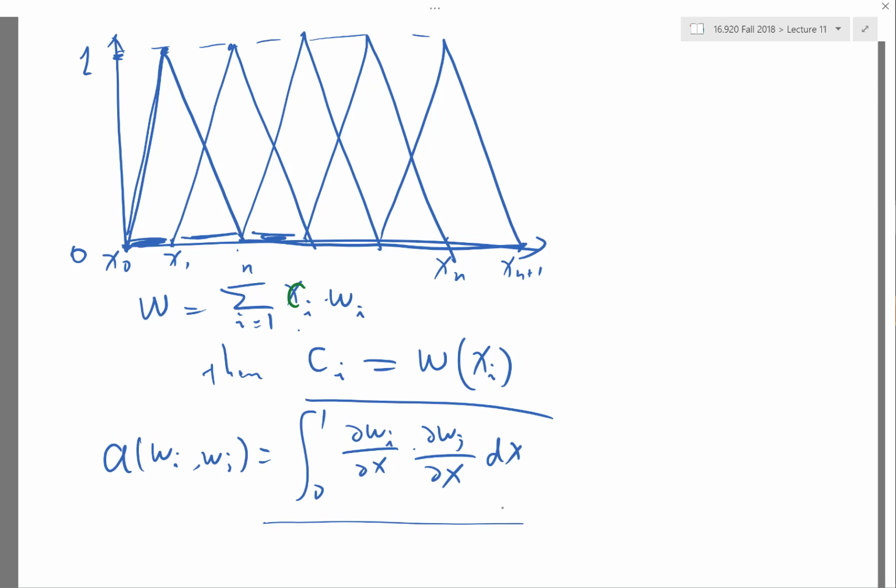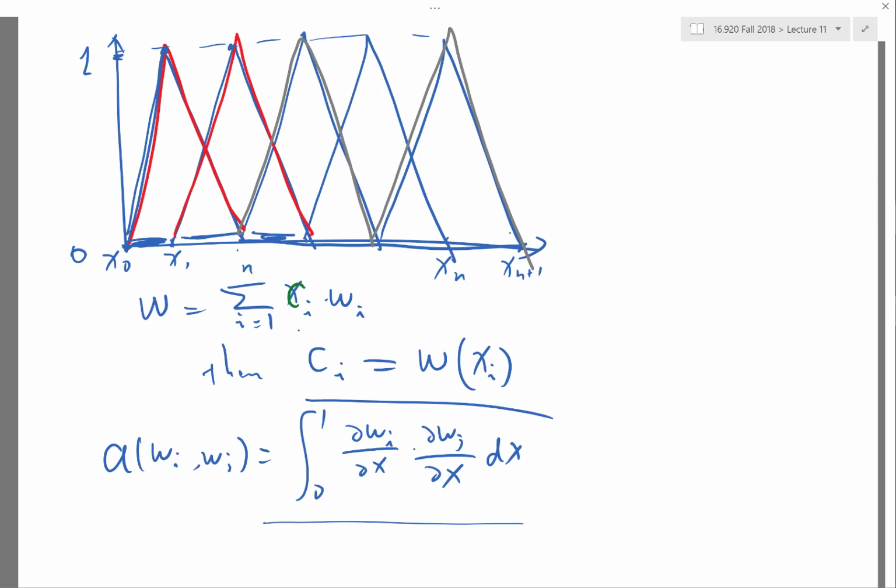Yes, the only ones that are not going to be 0 are pairs like this one and this one. But if you have, for example, this one and this one, the gray pair is going to get you 0 for a of wi, wj, because they don't overlap.